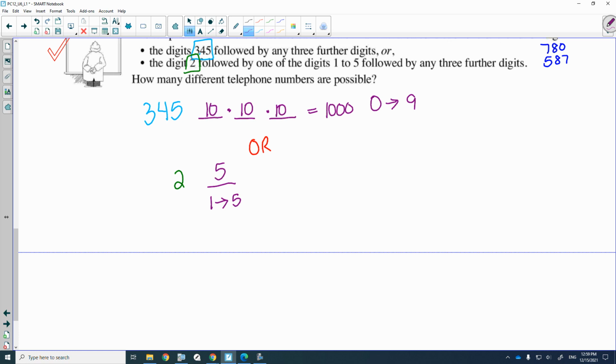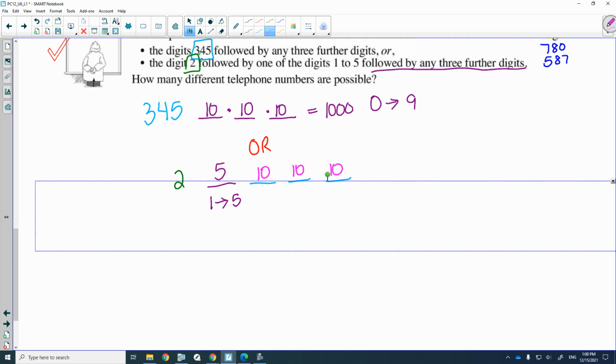And then it says followed by any 3 further digits. So then 3 more further digits. There's no restrictions on those digits, so 10 numbers to choose from can go here, 10 can go here, and 10 can go here. If you multiply, don't multiply the area code in, but if you multiply the 5 times 10 times 10 times 10, you're going to get 5,000 different telephone numbers.